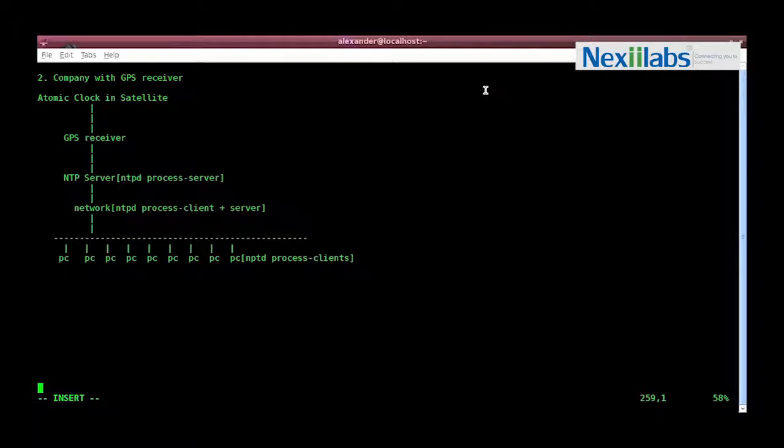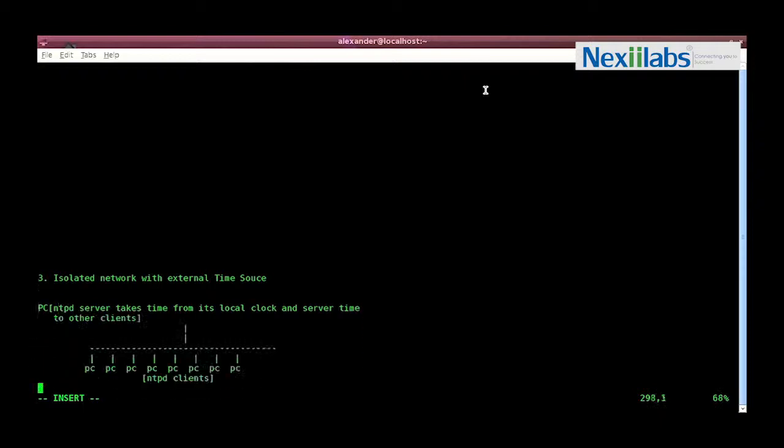Here we can see at the second level of the hierarchy, which represents network routers and switches, that the NTPD daemon process acts both as a client and a server. As a client, it gets its time from the dedicated NTP server, and as a server, it serves time to other computers in the network, which are NTPD process clients.